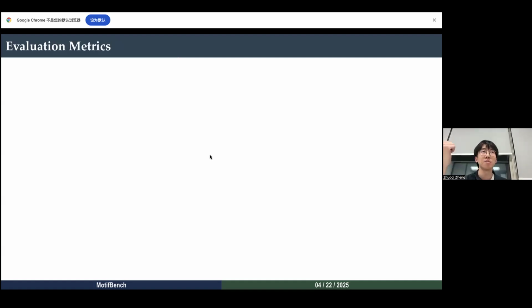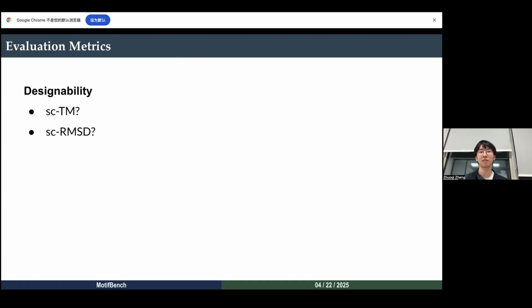It might seem very easy because we have already introduced how we evaluate the protein backbone generation methods to date. But when we really come to the evaluation, we're going to face some very different scenarios. Like if we want to measure the designability, we have RMSD and TM score, which both can measure the similarity between the generated scaffold and the structure-predicted scaffold.